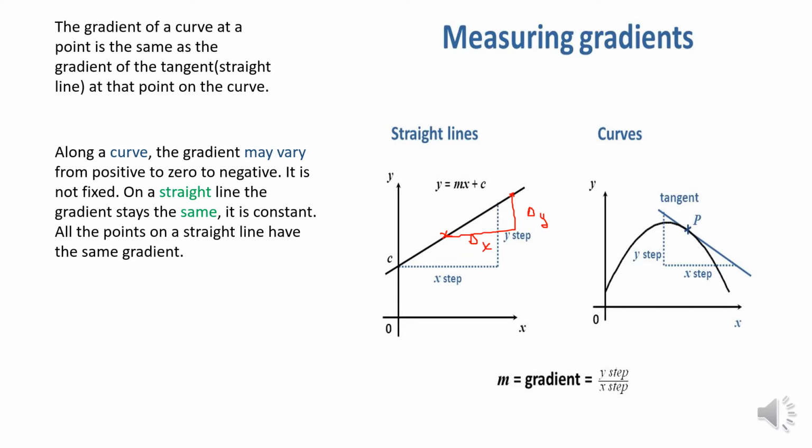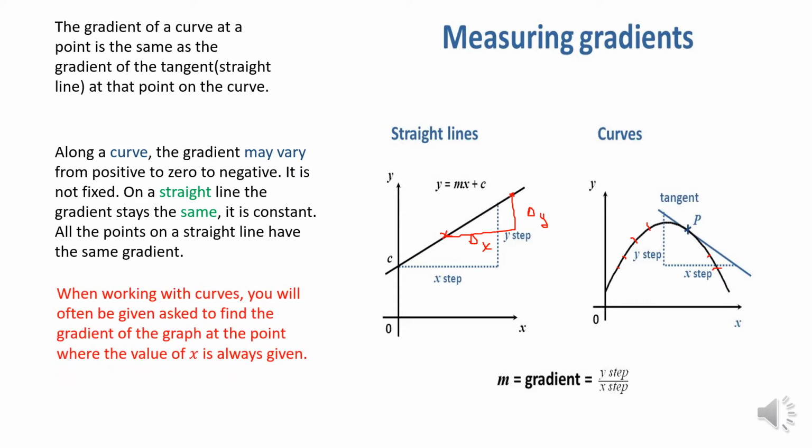So this gradient is constant. But the gradient of a curve changes, depending on the particular point that you are referring to. So it varies. That is one of the things that we are dealing with when working with curves.